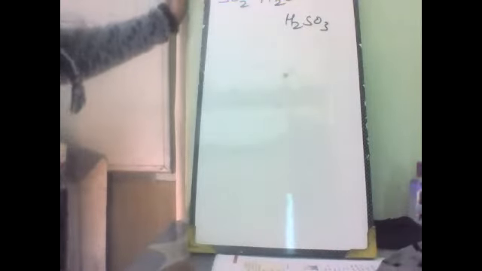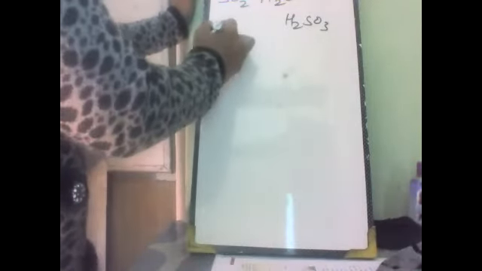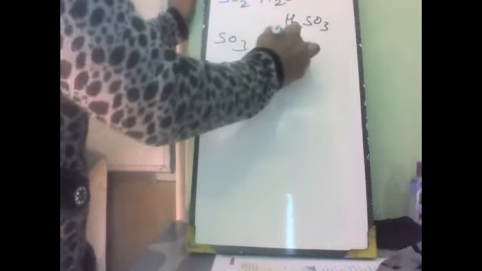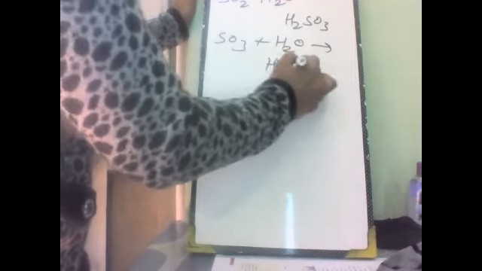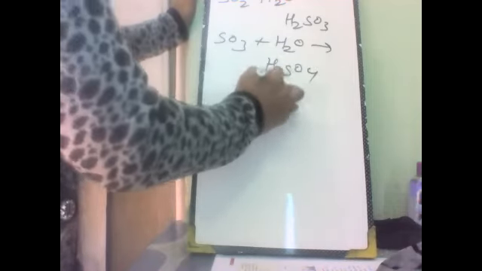So many examples are there. Sulfur dioxide reacts with water to form H2SO3, sulfurous acid. And then SO3 reacts with water to form sulfuric acid, H2SO4.